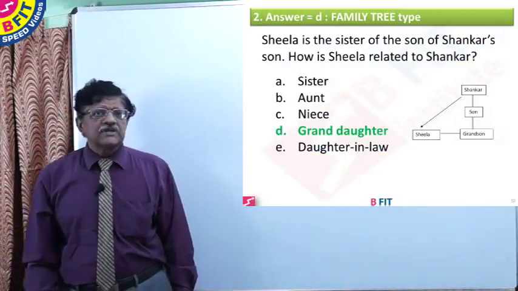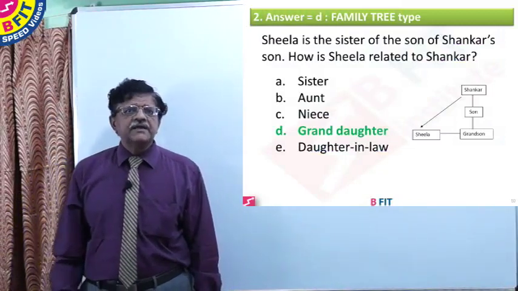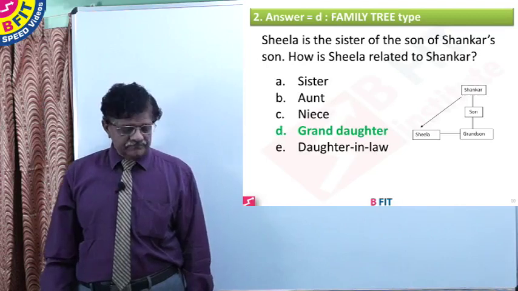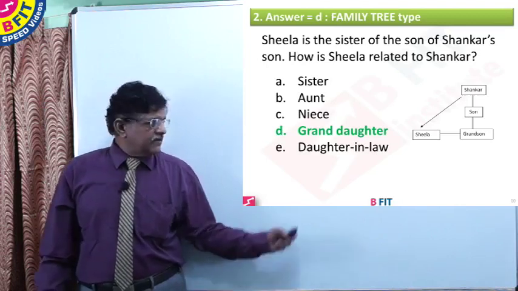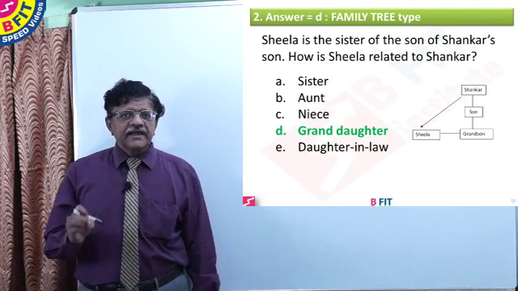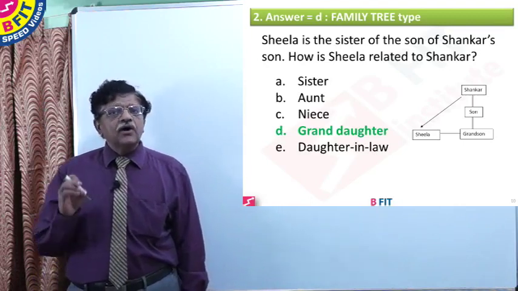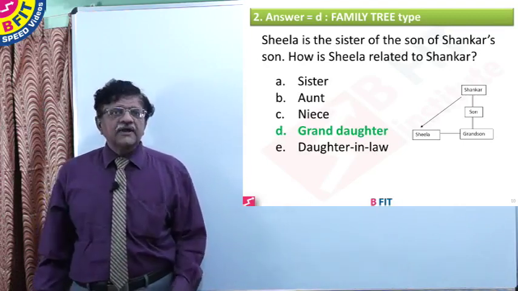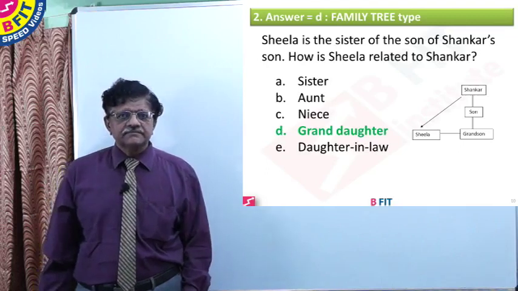The answer for question number 2 is option D, granddaughter. Now we arrived at the answer because we drew the diagram correctly and we drew the arrow correctly. Now let us look at the next question.